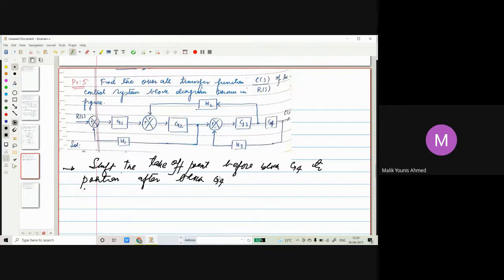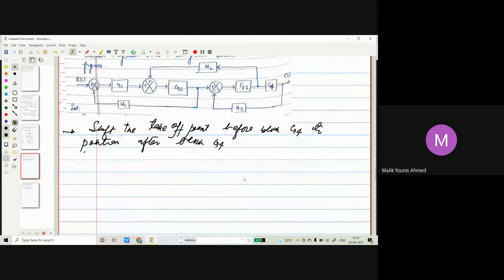So let's draw this. Just the take off point we have to move. This is a bit bigger transfer function, a bit bigger block diagram.